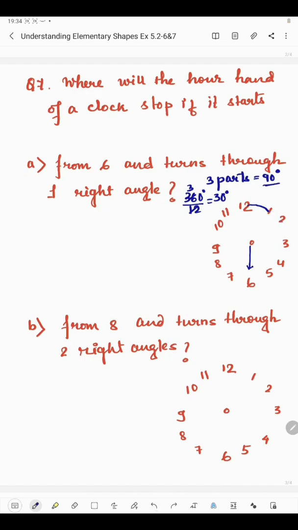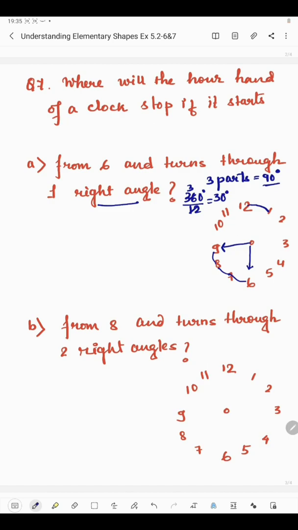So here we will have to find where the hour hand of a clock will stop. If the hour hand is at 6 and if it turns through 1 right angle, now 1 right angle means 90 degrees. So 30, 30, 30, 1, 2, 3 parts. So after every 3 parts it will be 90 degrees.